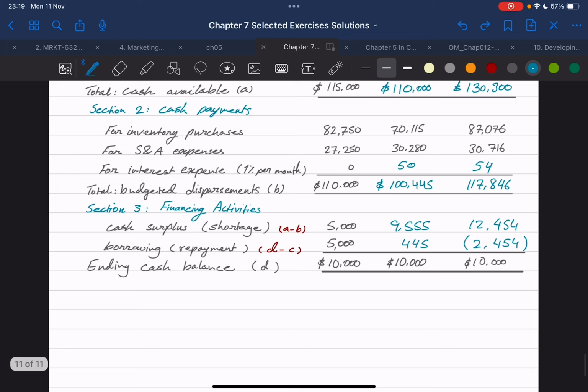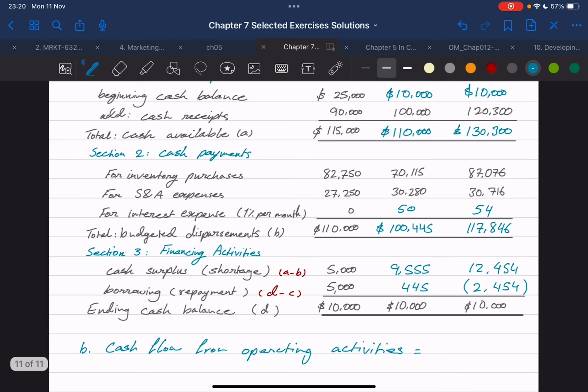Let's say B. Cash flow from operating activities is going to equal cash receipts for each month.